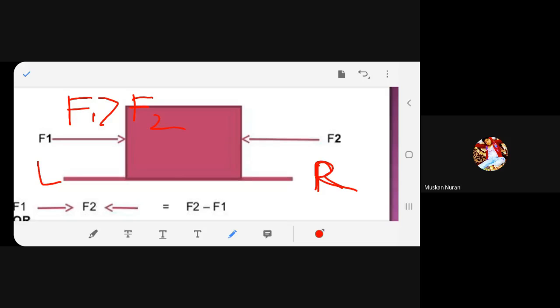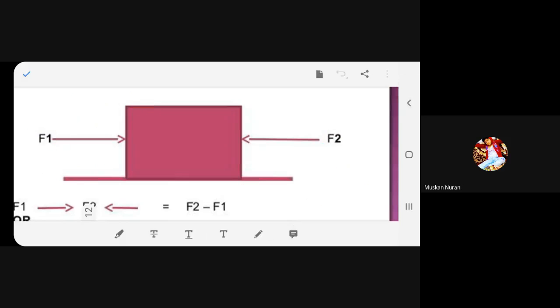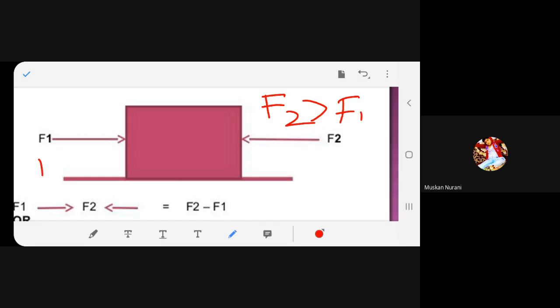Very good. The body will push to the right because F1 is more than F2. Similarly, if F2 is more than F1, where will it push to? Left side. As simple as that, it will push to the left side. All of you understood?